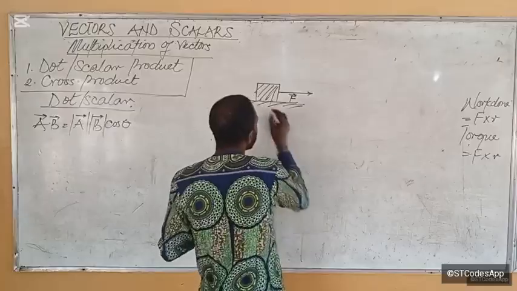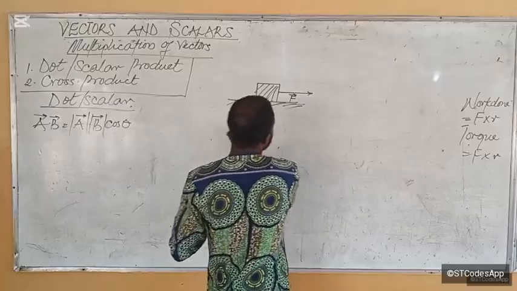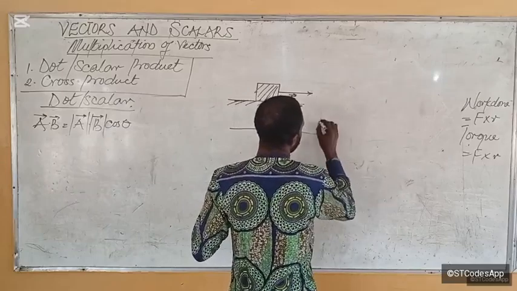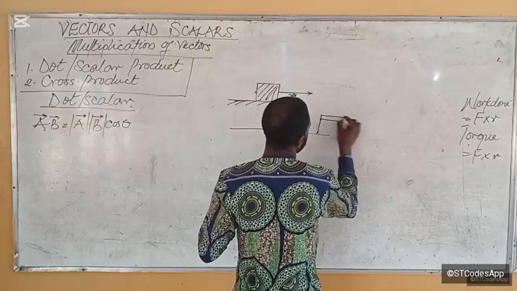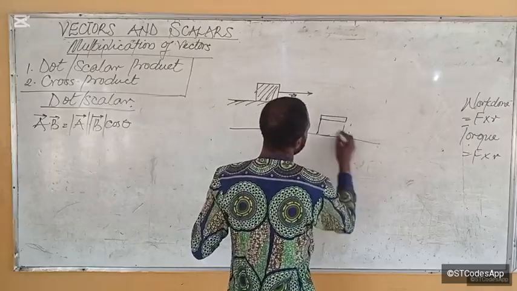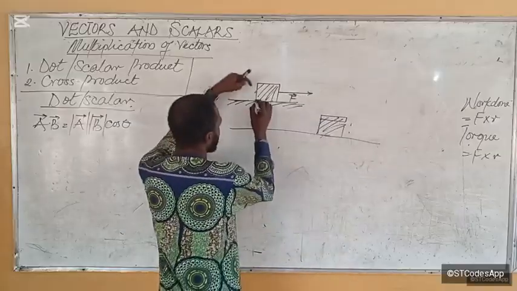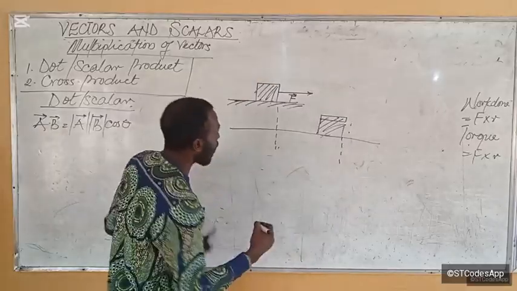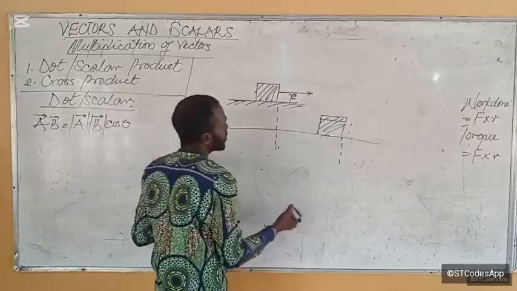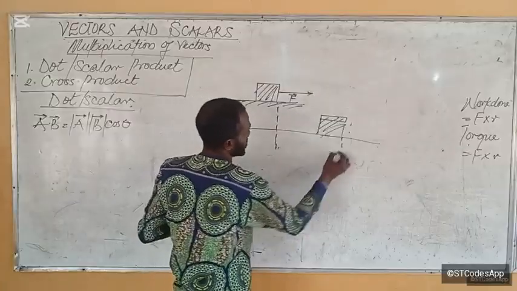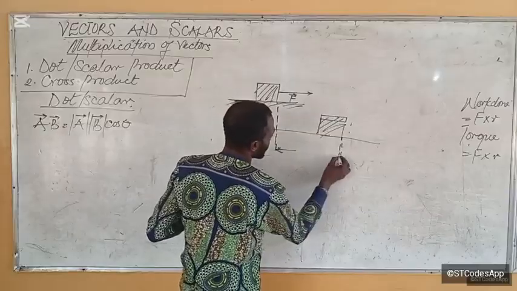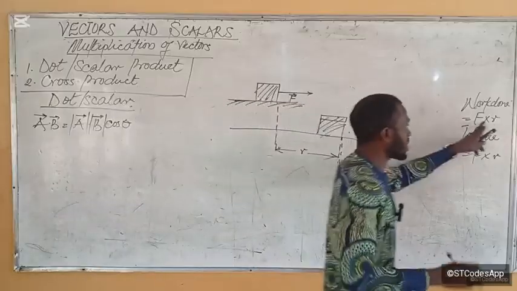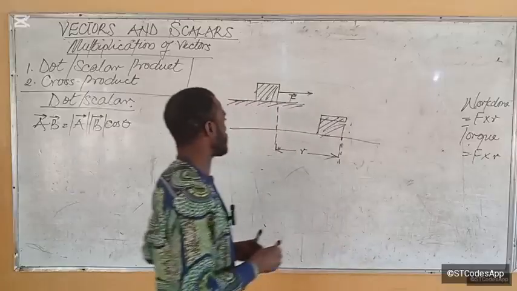The body eventually moves from here to this point here. So the body has moved from this position to this position. This is the displacement of the body. Force times displacement, or distance if you care.